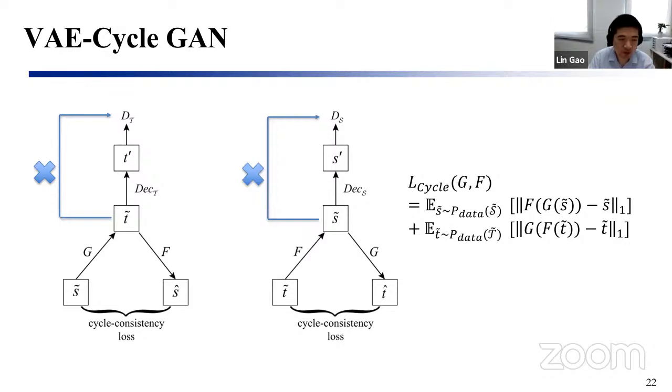And here, we need a discriminator to ensure the transformed shape is correct. So here is a discriminator network to discriminate the decoded shapes. This is very important to ensure the function G is all right.